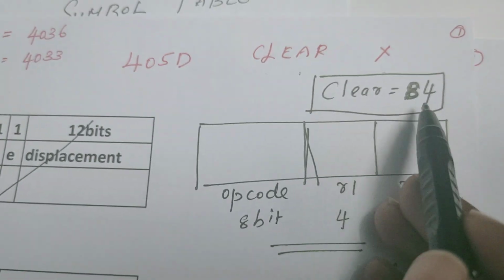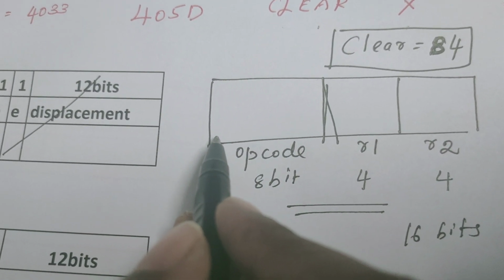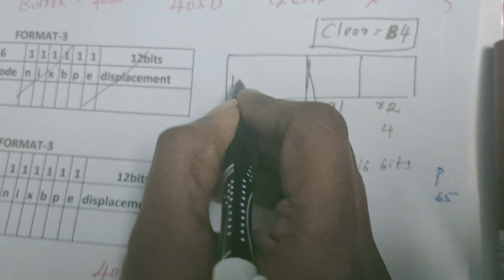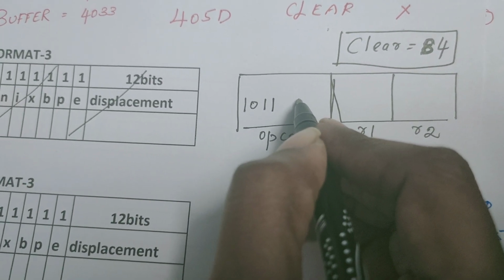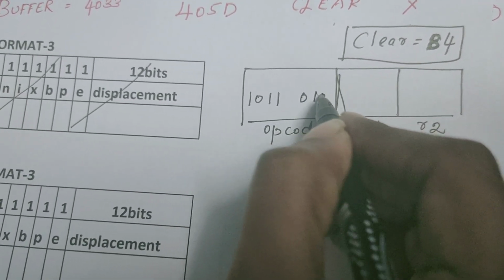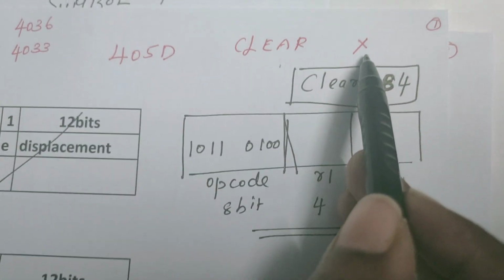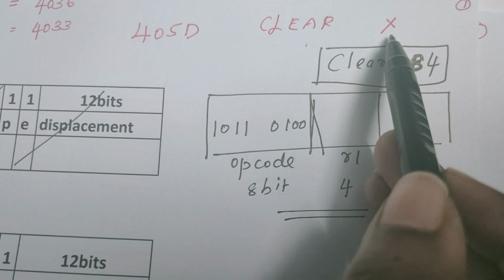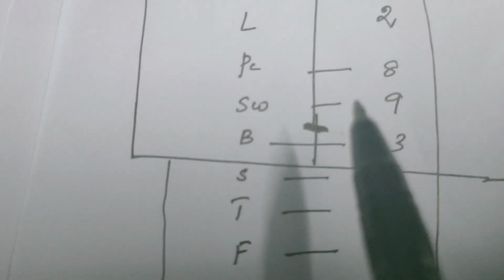For CLEAR, the opcode is B4. So how do I write this B4 here? B is equivalent to 11, so I will write 1 0 1 1. For 4 we write 0 1 0 0. Then the register referred to in the instruction is X. For X, we already know its mnemonic value, which is 1, already pushed into the symbol table during pass 1.